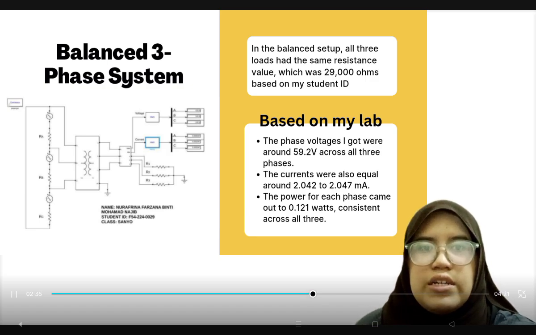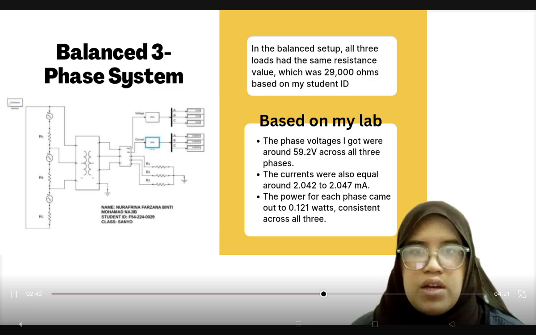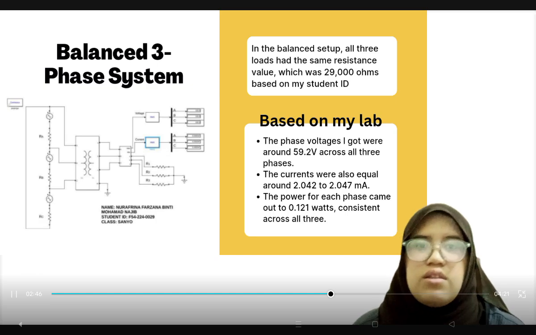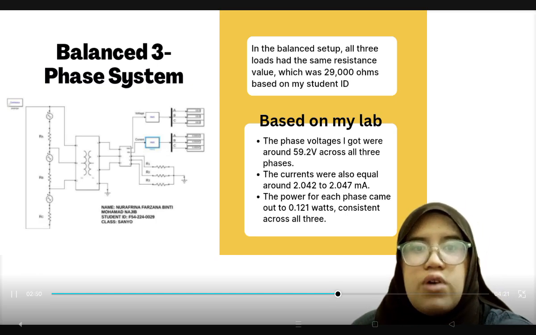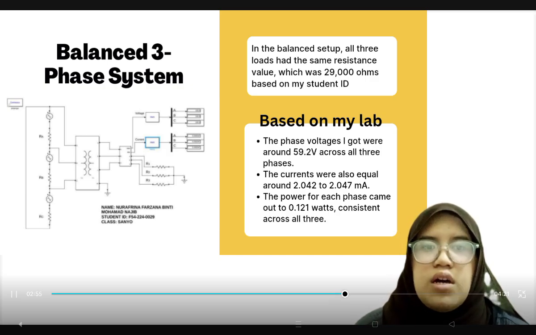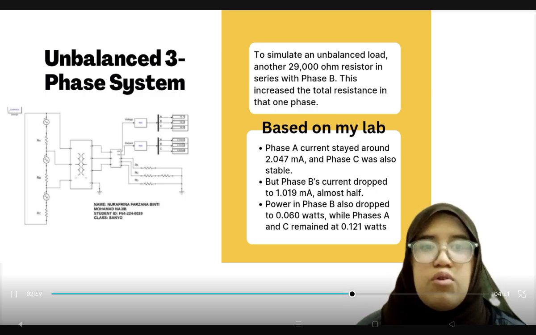The power for each phase came out to 0.121 watts, consistent across all three. So this shows a perfectly balanced system, meaning the voltage, currents, and also power in all phases are identical at 120 degrees apart.